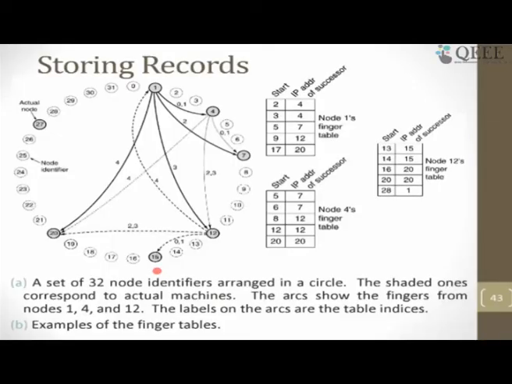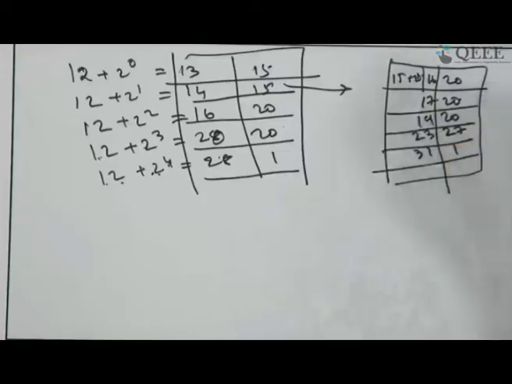So now you go to the finger table of 15. Construct the finger table of 15. 15 plus 2 to the power 0 is 16, and 16 is 20. Then 17 is 20. 15 plus 4 is 19, and 19 is still 20. 15 plus 8 is 23, that is 27, and 15 plus 16 is 31 and that is 1.